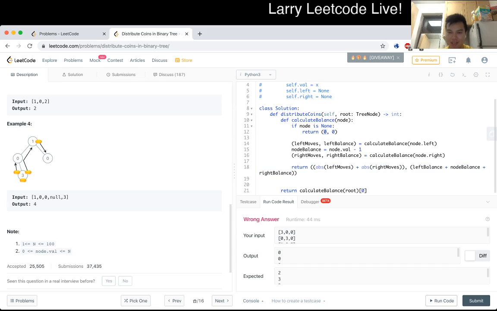Where did I add the 1 before? Oh, because, oh no, this is right. It's just that I copy and pasted stupidly, but also I needed to add this.